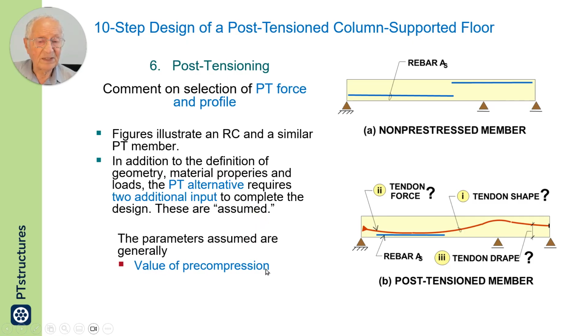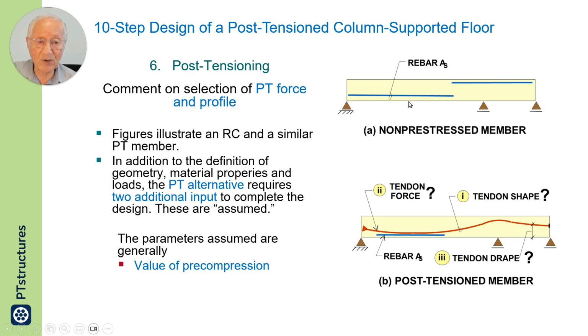One of them is the pre-compression, how much force you want to put. What I mean is, after you know the geometry, the load, and the concrete properties, if you're dealing with a conventionally reinforced member, you're done.